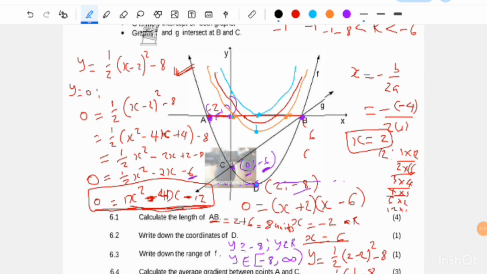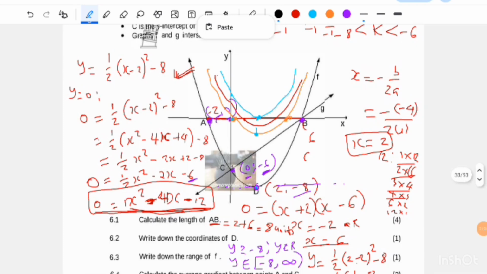Now, if we follow our f of x graph, which is this one here, for which values of x is this graph above the x-axis? I've explained this concept many times, and I think in this video I might not be explaining it better than I actually explained before.